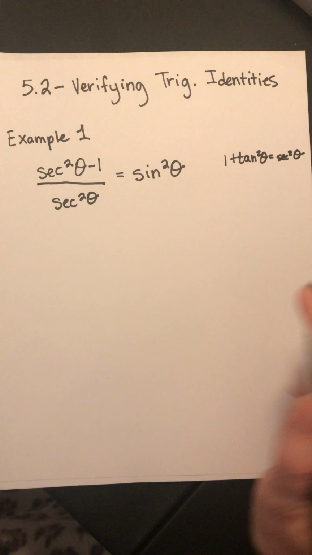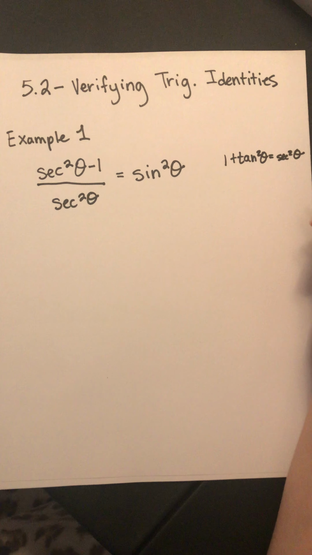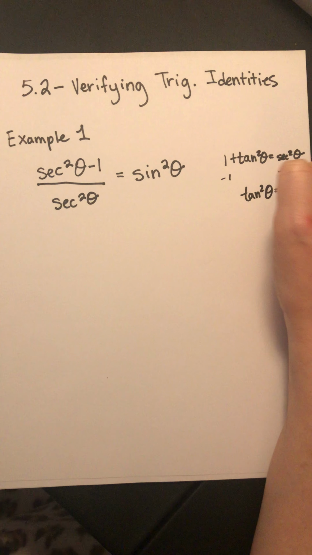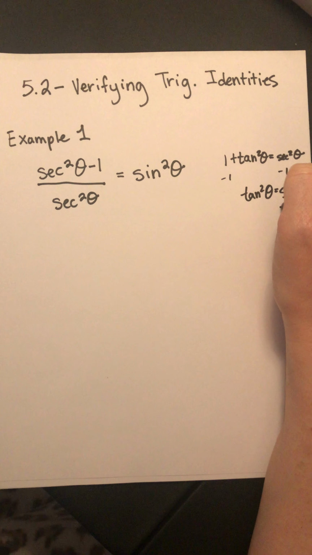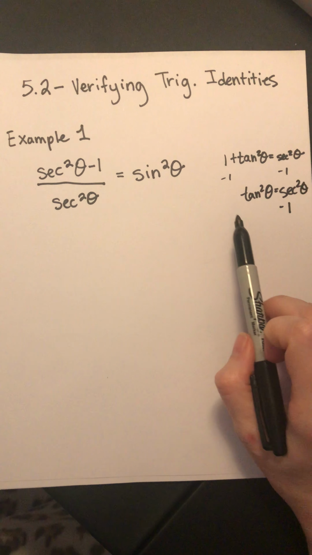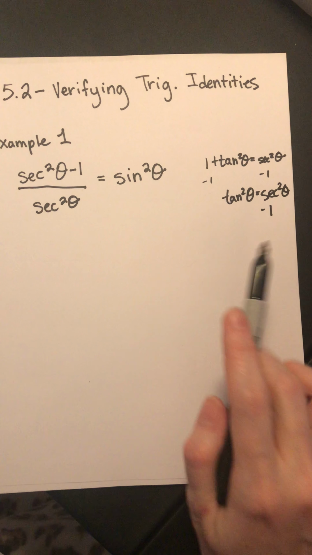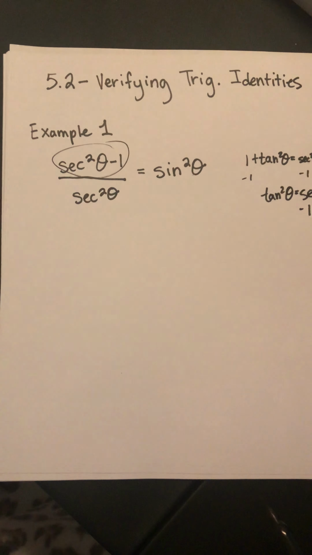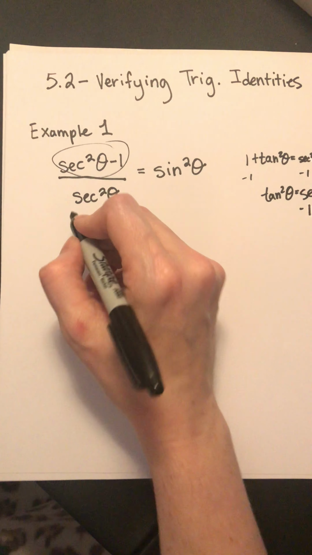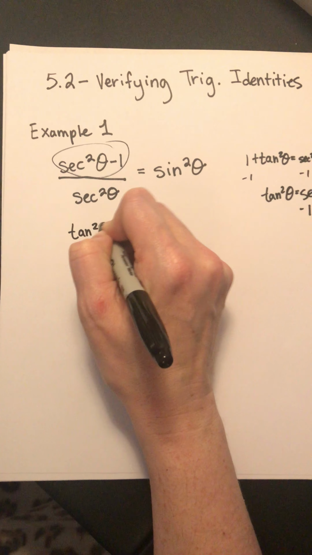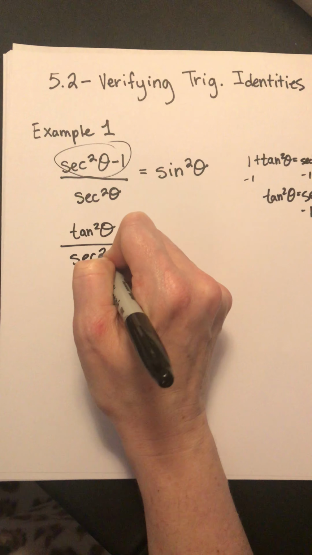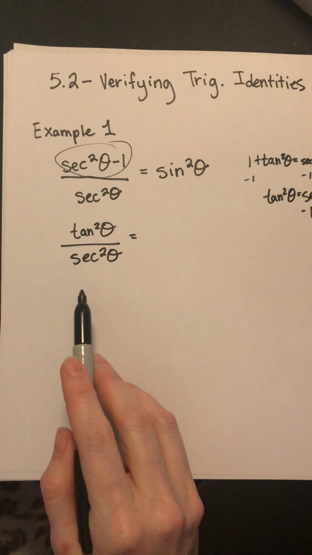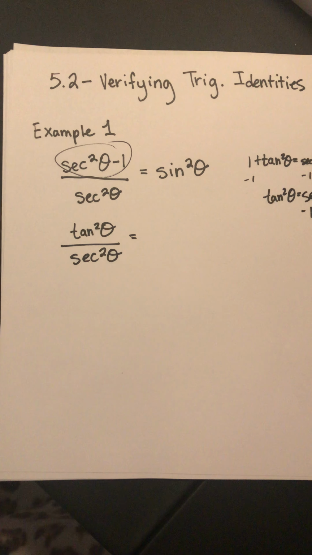All right, so because we know this is true, then we also know that tangent squared equals secant squared minus 1. So that's what we have right here. So we can change that on the top to say tangent squared. We're just going to work with this side. You don't have to keep writing this. We're just going to work with this until it becomes that.